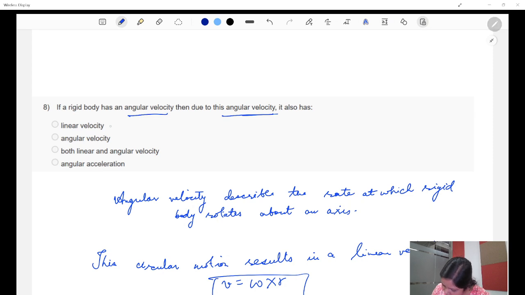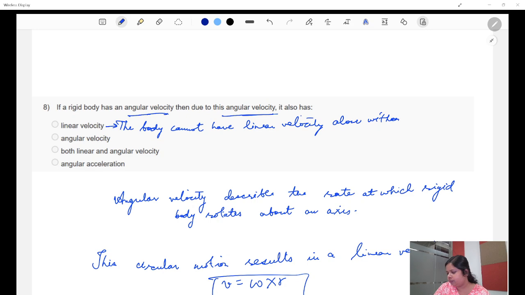A body cannot have linear velocity alone without the corresponding angular velocity in circular motion. That is understood, right?